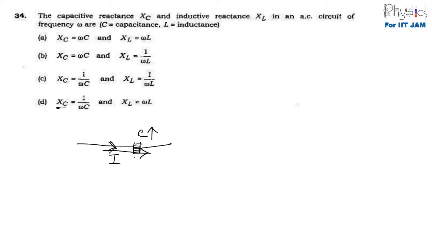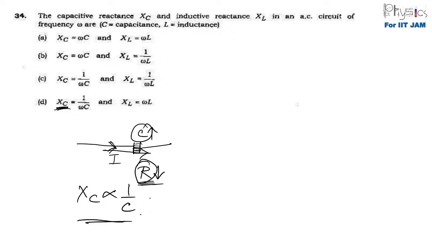That is, it acts as a short. The resistance is negligible then, right? That means this C and R are inversely proportional. Now what is R here? The resistance in an AC circuit is the reactance, that is this XC. XC is inversely proportional to C. Just remember this.